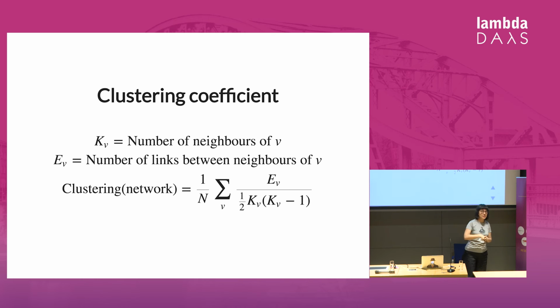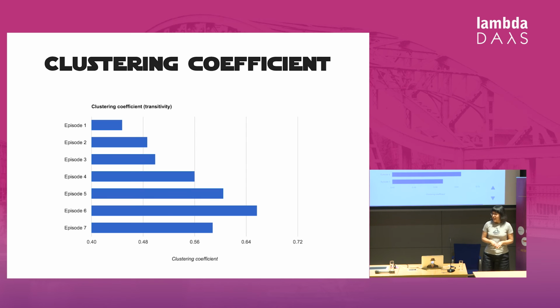And if it's about a group of people who interact with each other a lot, then the network will have a high clustering coefficient. And in this case, it correlates with the quality, I think, because the prequels have the smallest clustering coefficient, and the later ones have higher. So this is something we have to say about episode 7. It has a high clustering coefficient, which means it's much better than the prequels, actually.